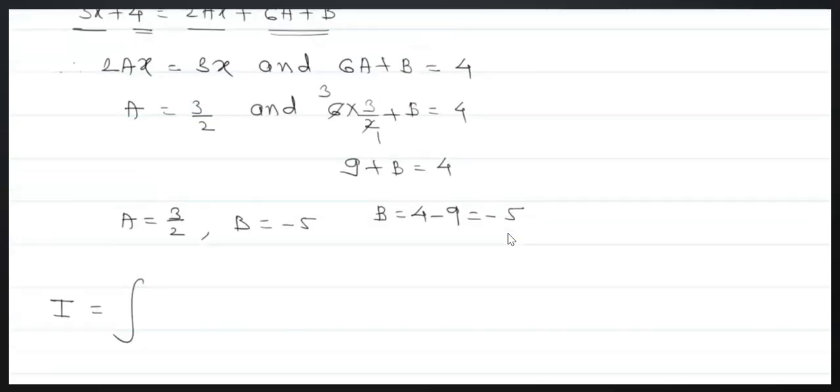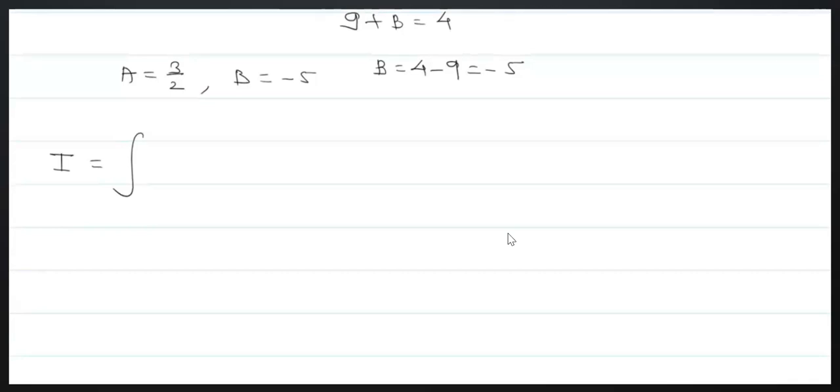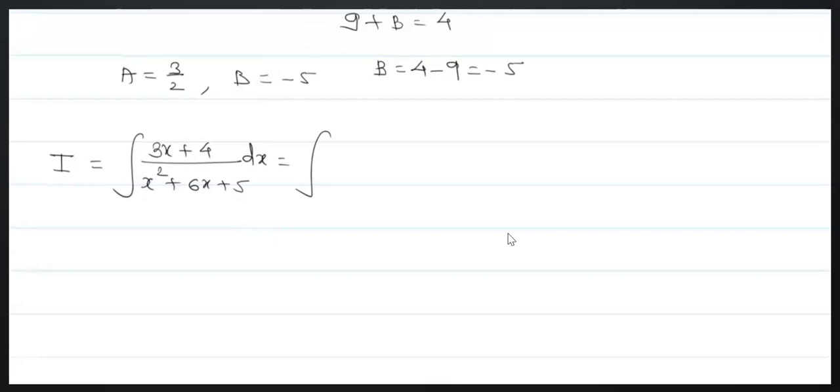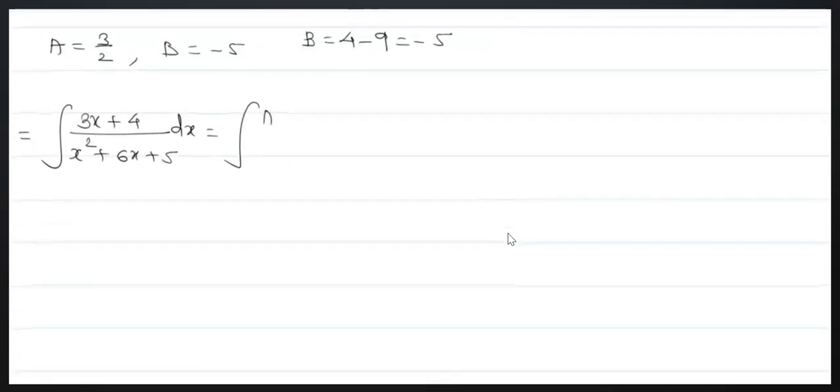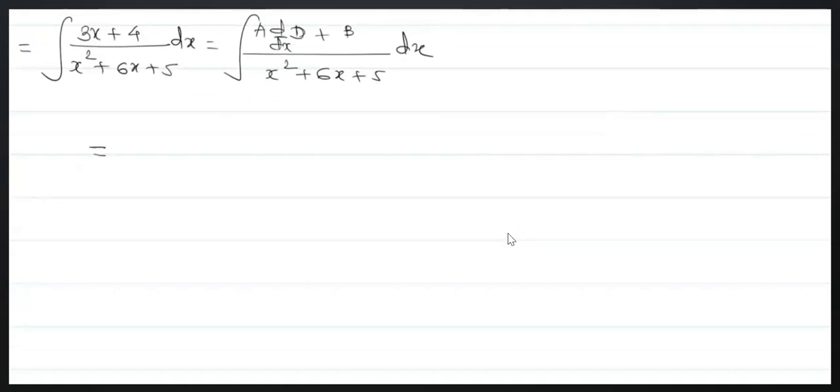Therefore, I is equal to the integral of (3x plus 4) upon (x square plus 6x plus 5) dx, which is a into d/dx of the denominator plus b upon x square plus 6x plus 5 dx. Separate this.